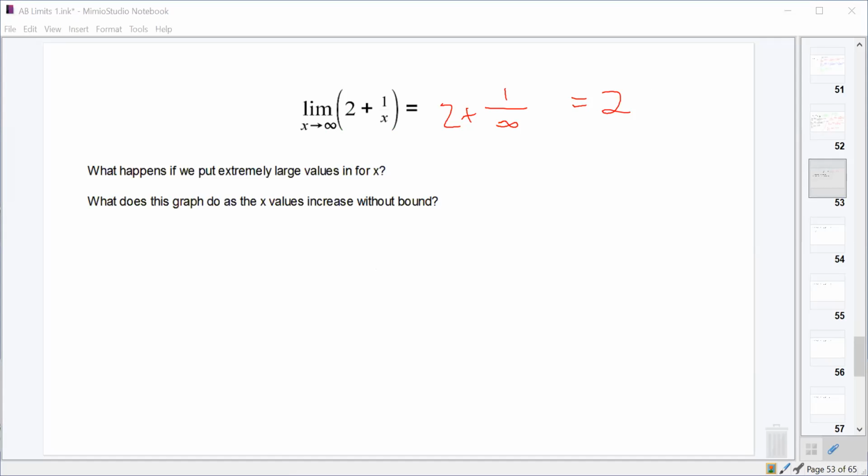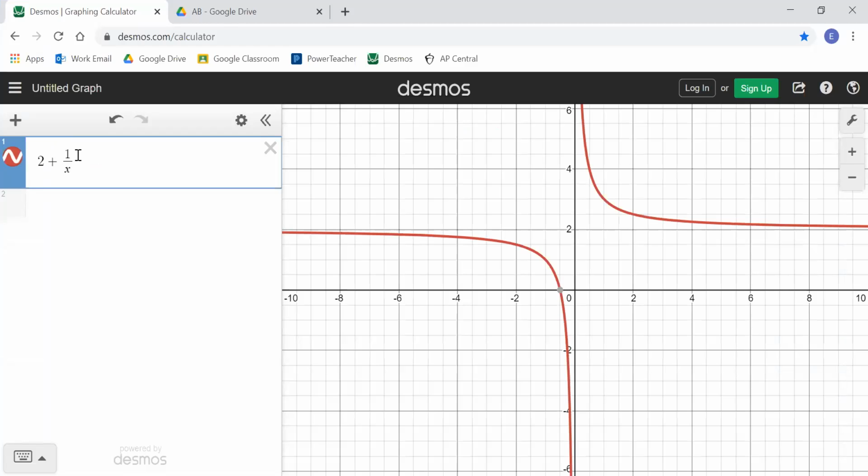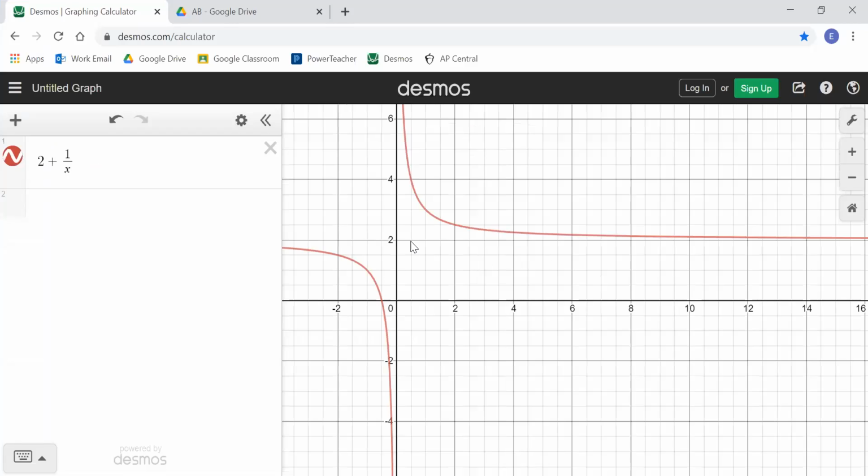Exactly. I've got this: 2 plus 1 over x, right? And if we look, yep, sure looks like as we go out here towards x getting large, it's approaching that horizontal asymptote of y equals 2.